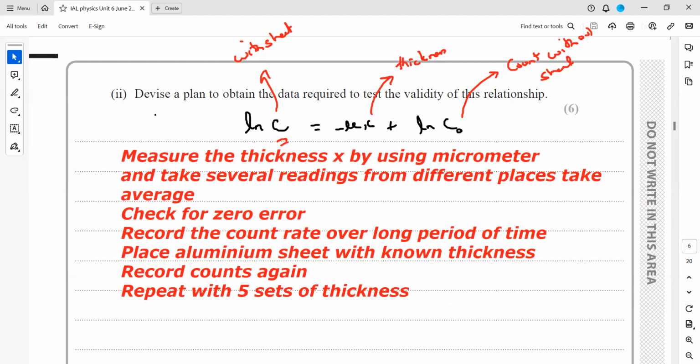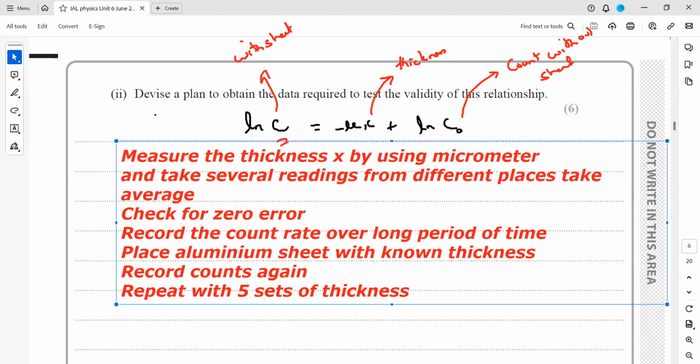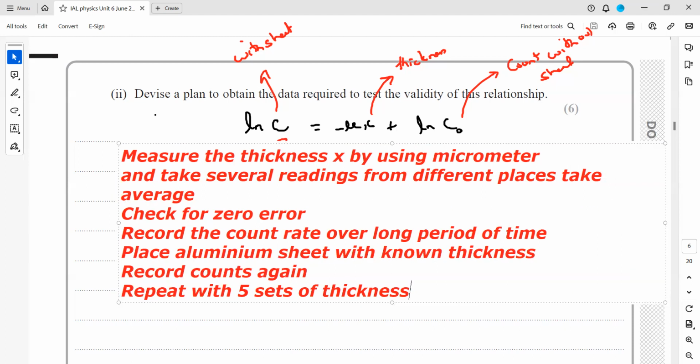And what are the things you should keep constant? Because we want to measure how the thickness of the aluminium sheet affects the count rate, we should keep the distance between the source and detector constant. That should not be changed.